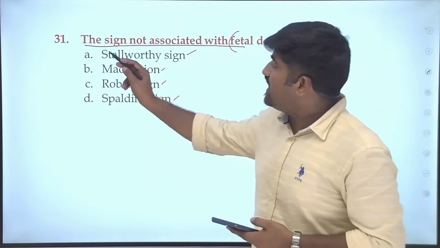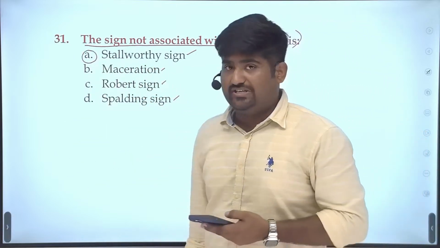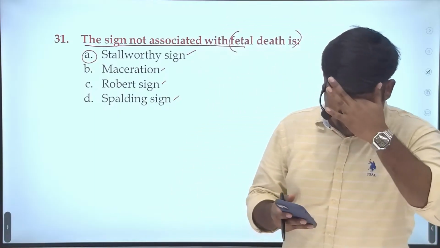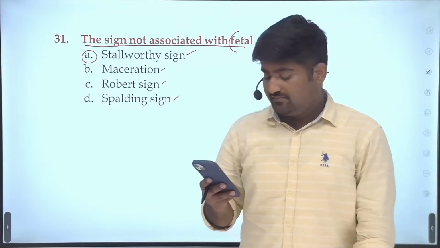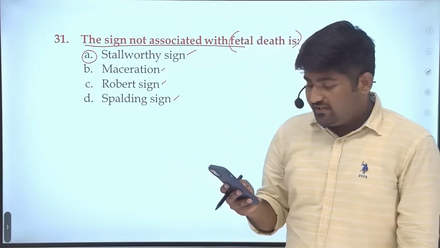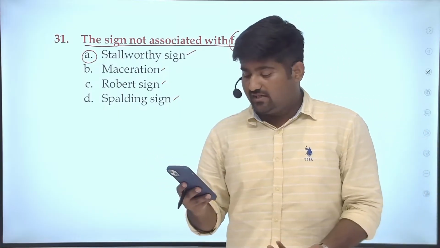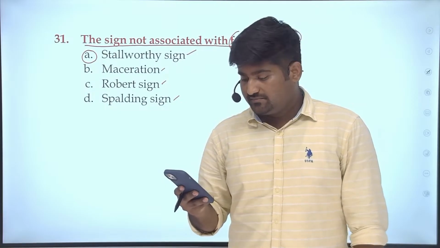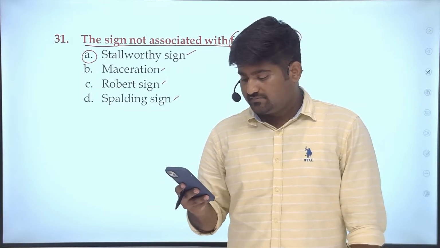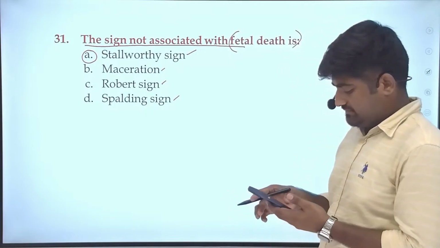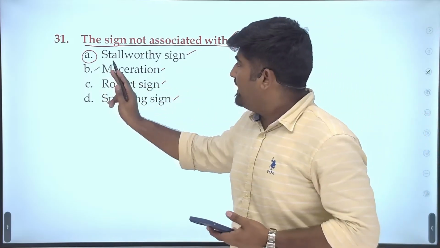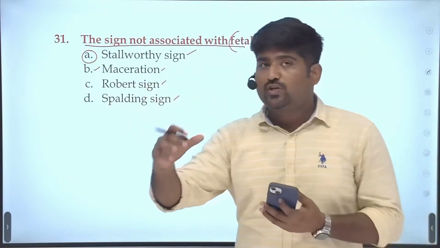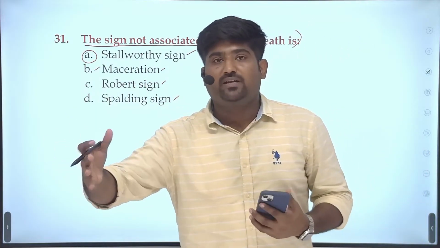Yes. Stahlworthy sign will be seen in which condition? Now tell me. Stahlworthy sign is seen in, now only we have discussed Stahlworthy sign. Is it seen in placenta previa, right? Yes, correct. So now maceration is the exposure of the skin towards the environment after the death.